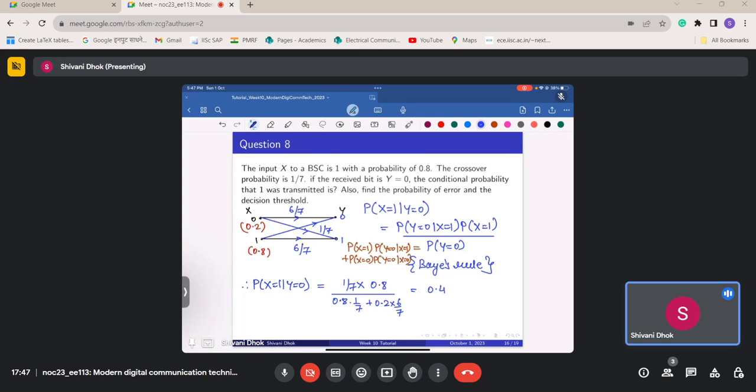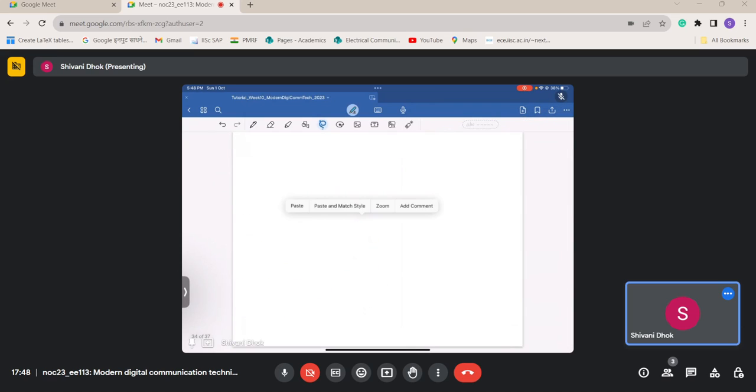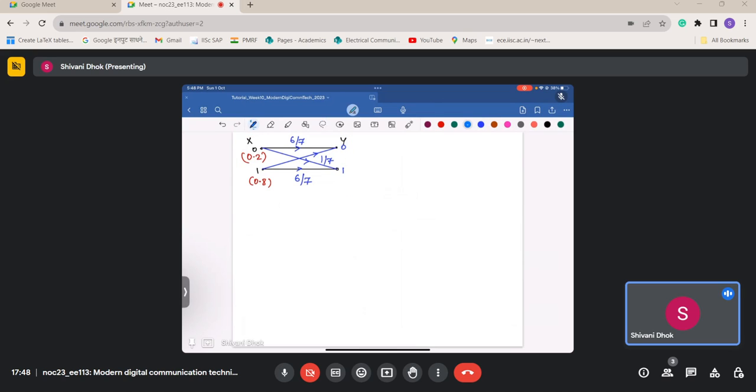Now the second part of this question says that we need to find the probability of error and the optimal decision threshold. The probability of error is actually simple, as we have done in the previous question also.